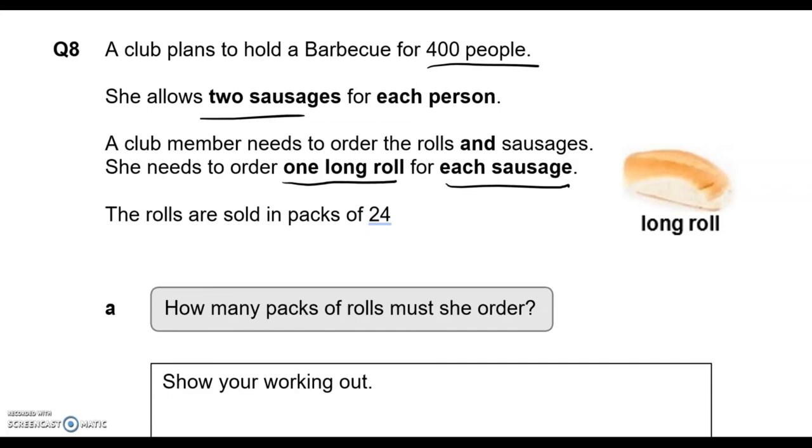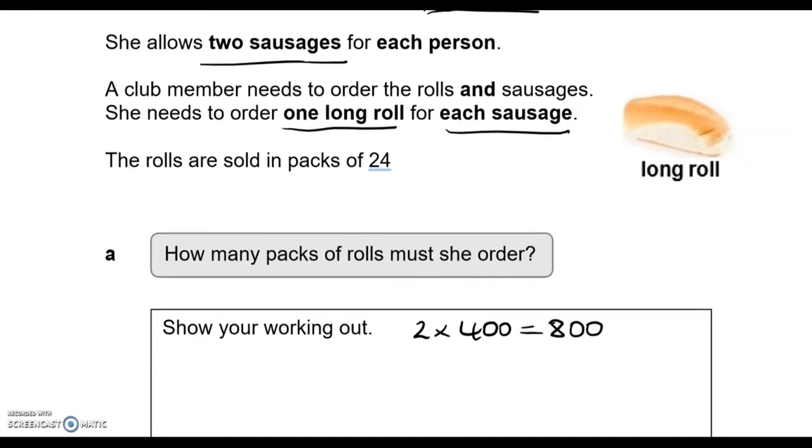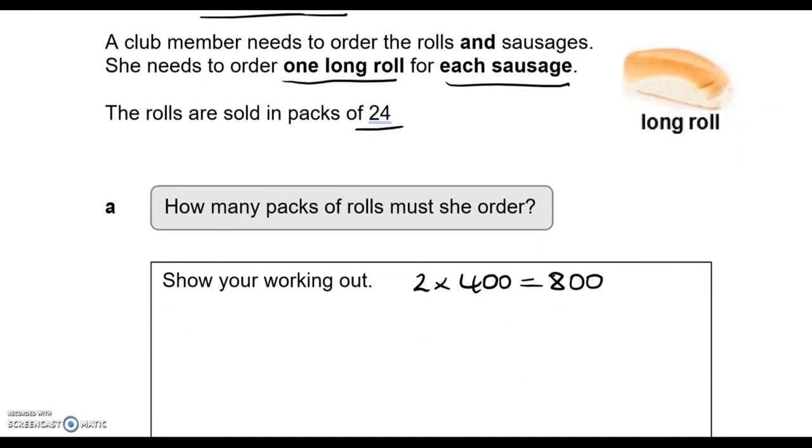So 1 long roll for each sausage, 2 sausages per person. And there are 400 people, so 2 lots of 400 give us 800, and they come in packs of 24, so we're going to go 800 divided by 24, which using a calculator gives us 33.33.